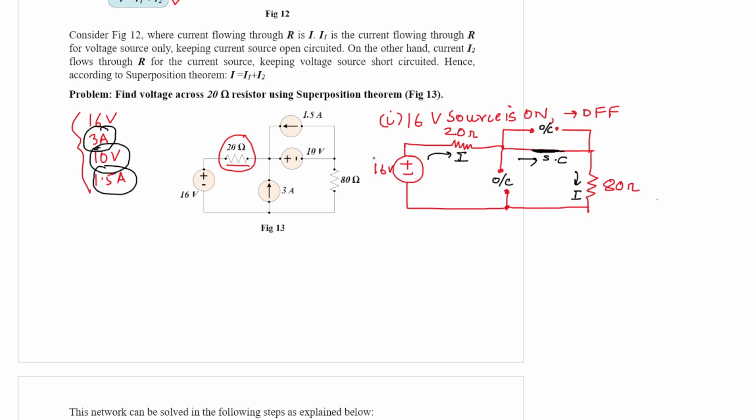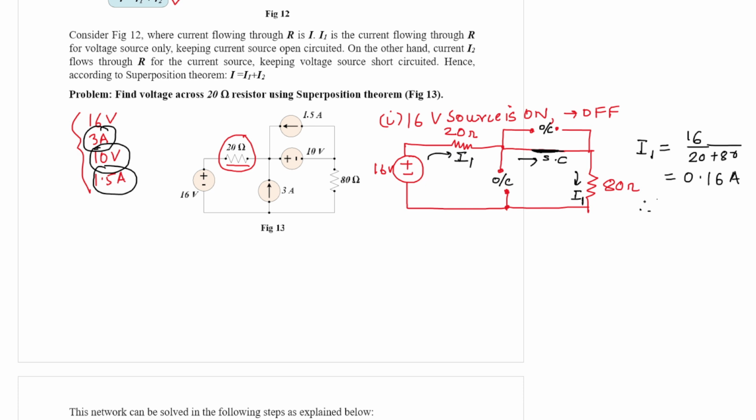Let us say this current is I1 for case number 1. So I1 is nothing but 16 by (20 plus 80), which is equal to 0.16 ampere.